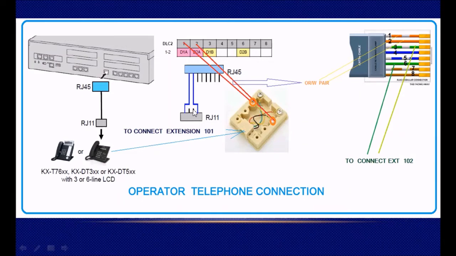This pin 2 and 3 is always for single line telephones. Whenever you want to connect a digital phone, please use this outer first and last pin 1 and 4.